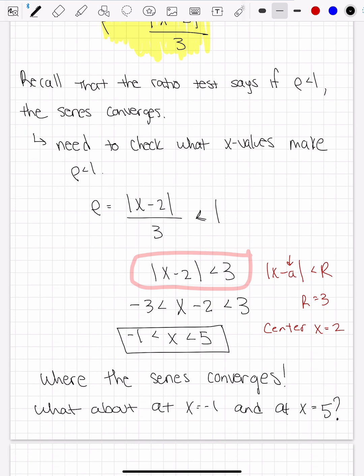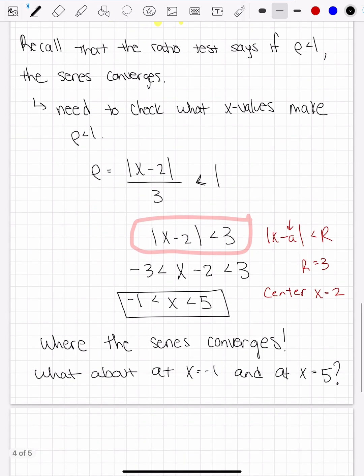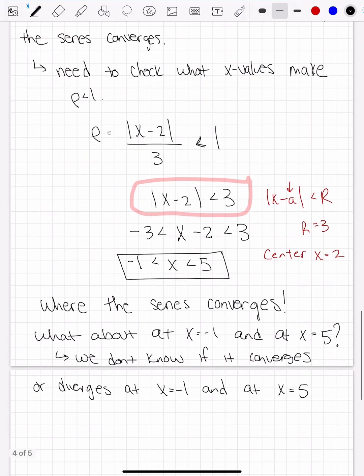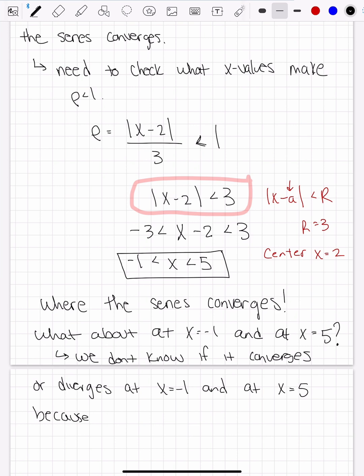Remember why we have to check this: we don't know if it converges or diverges at x equals -1 and at x equals 5, because the ratio test is inconclusive at rho equals 1.